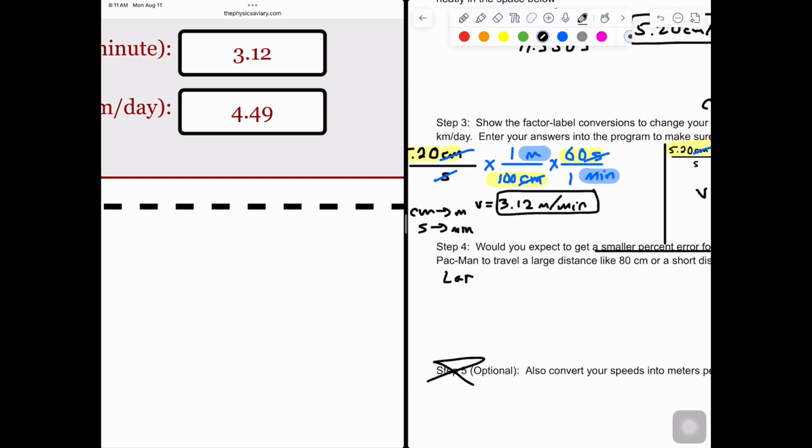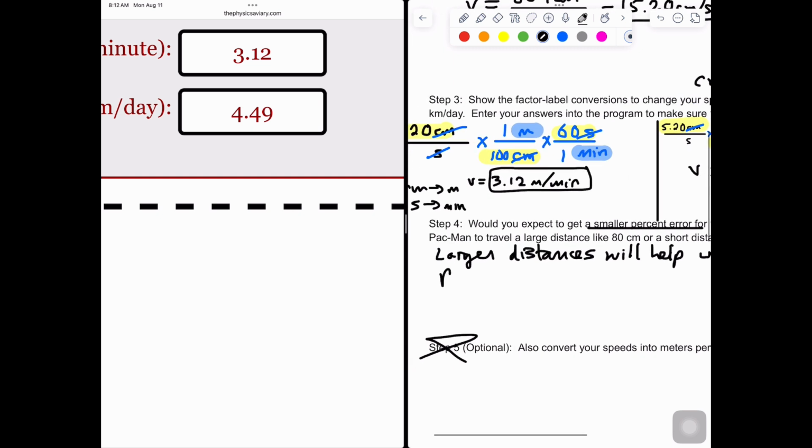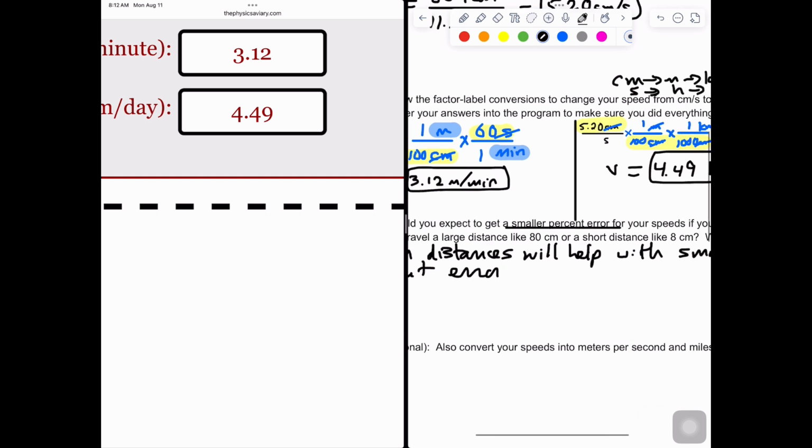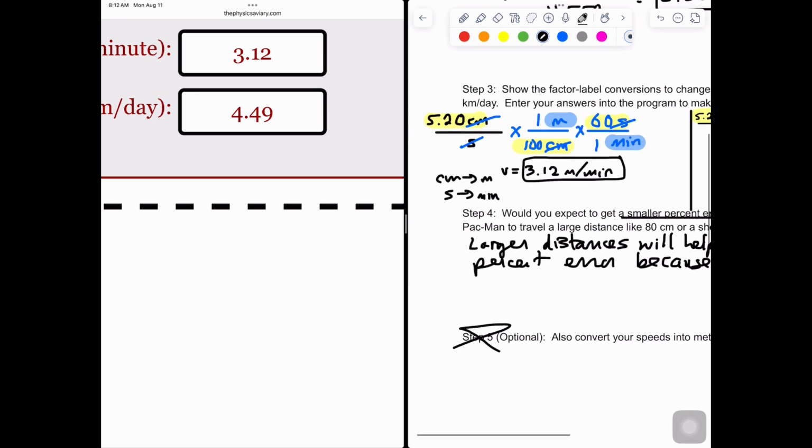So larger distances will help with a smaller percent error because it is easier to start and stop the stopwatch.